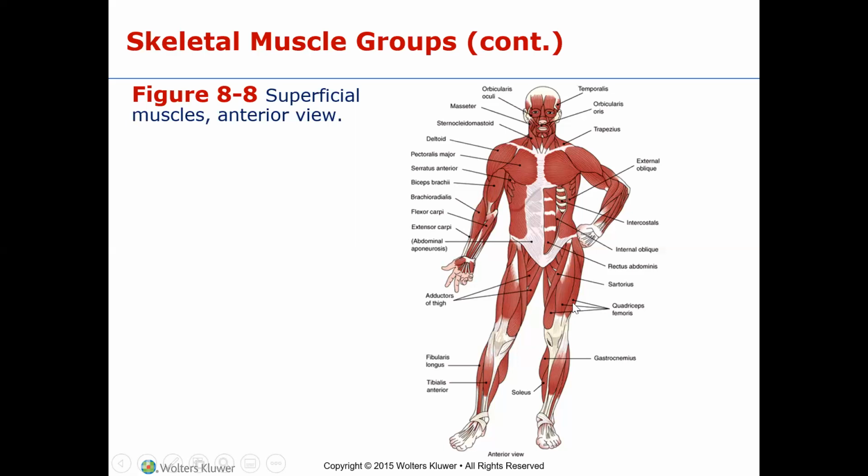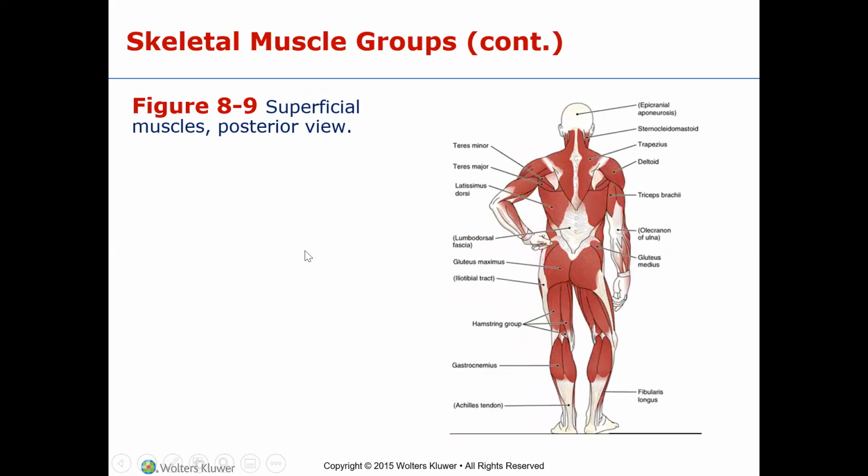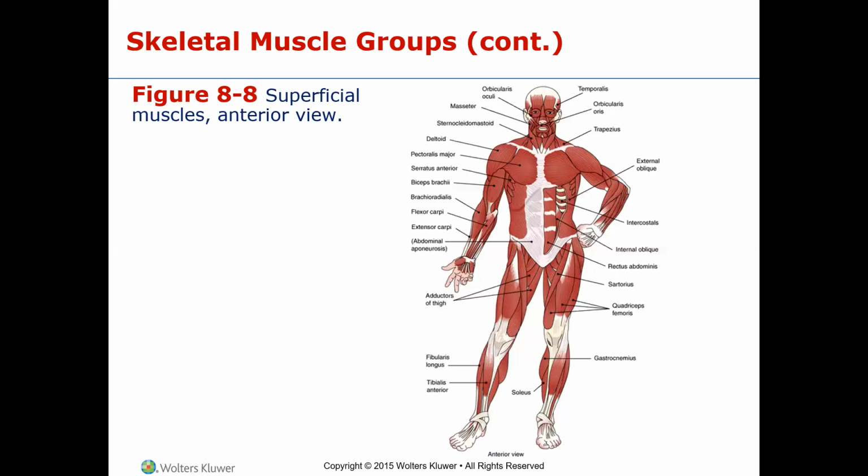The gastrocnemius, which is our calf muscle. The extensor digitorum longus, which is here on the inside of our calf. Sorry. I don't think it shows that one, so I'll delete that one.